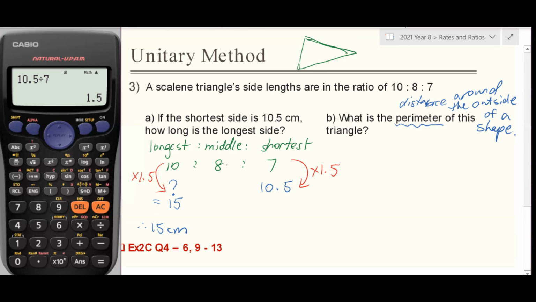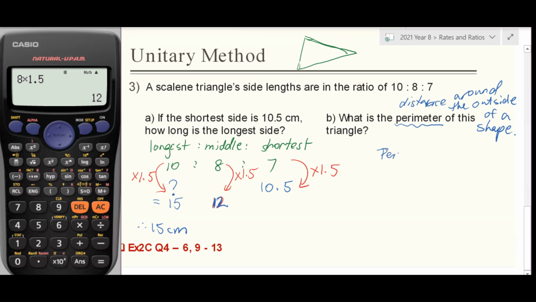Doing the same thing, we've got to keep the same proportion. I will also multiply this one by 1.5. 8 times 1.5 gives us 12. So the mid length is going to be 12 centimeters. So this question could be answered by adding all the sides together.